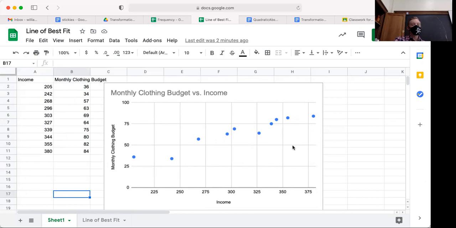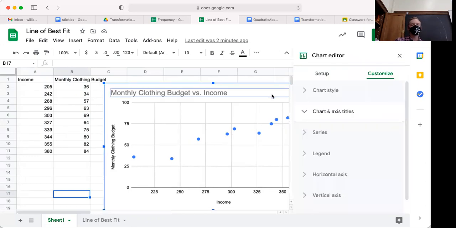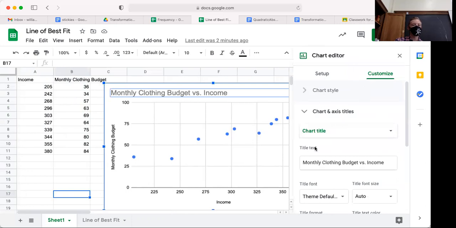So now we want to go through and come up with our line of best fit. In order to do that, you want to double click on your graph right here until it opens up the chart editor that I had up previously.